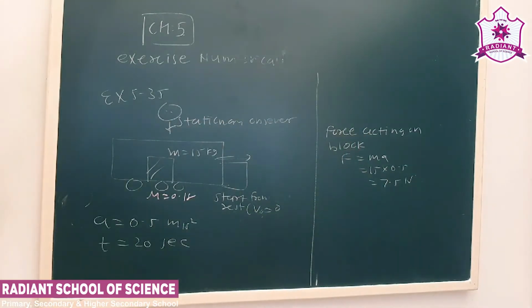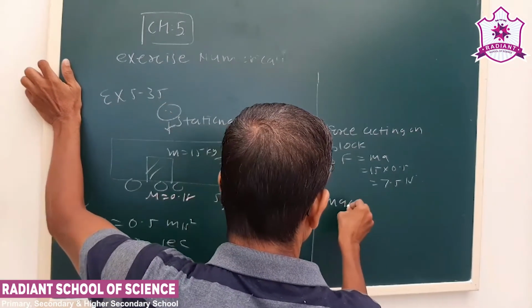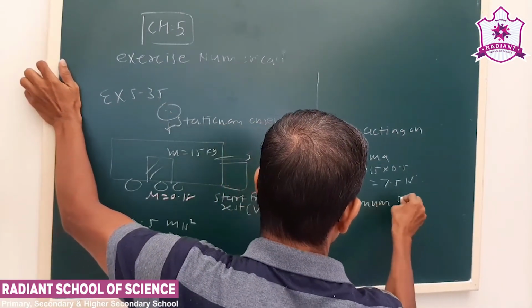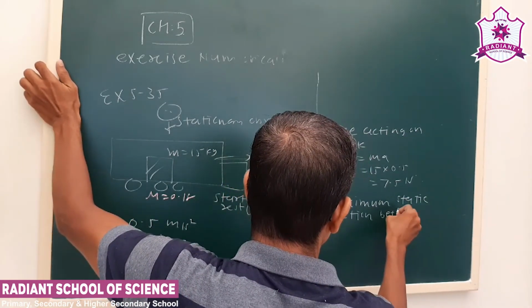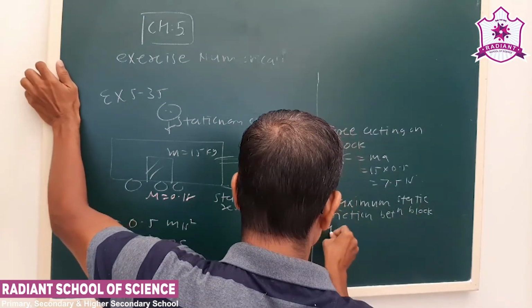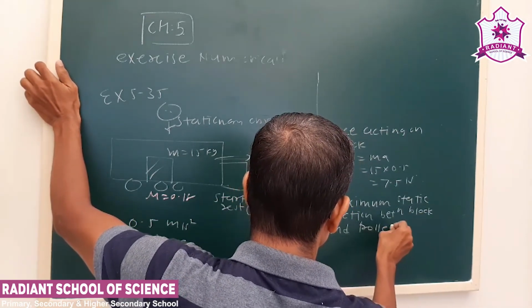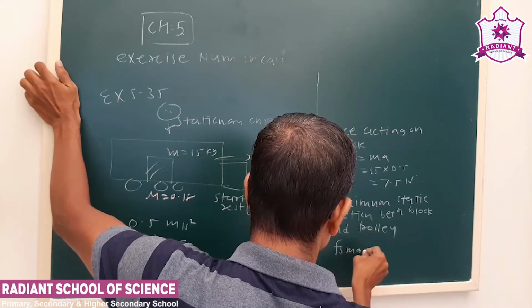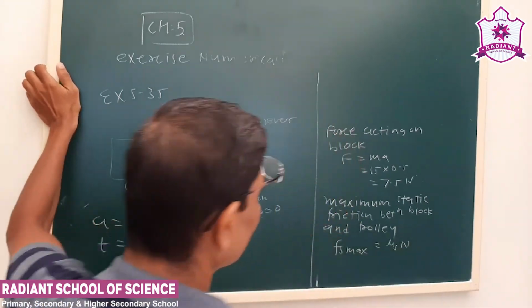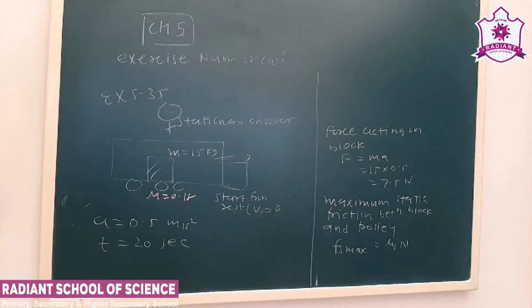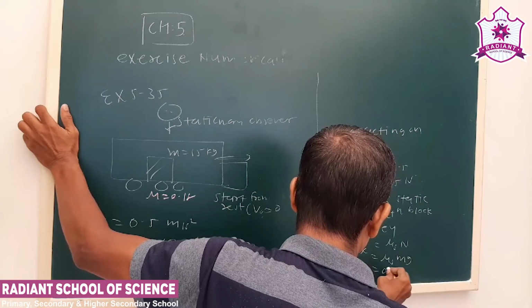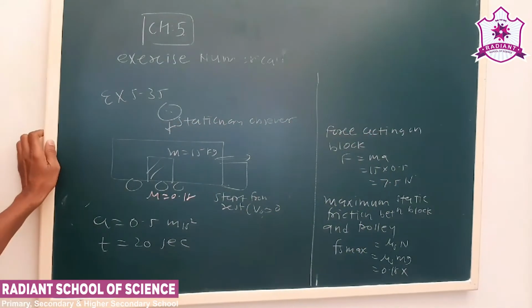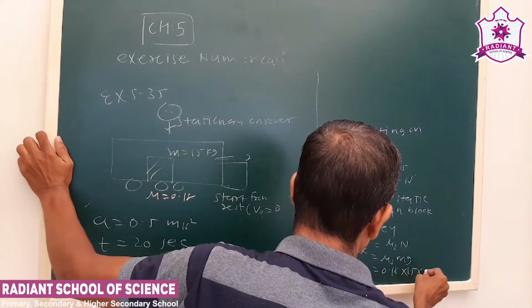Now see the first part of the question. The maximum static friction between the block and the trolley is μs N. Now N is equal to mg. μs is given as 0.18, mass is 15, g is 10.